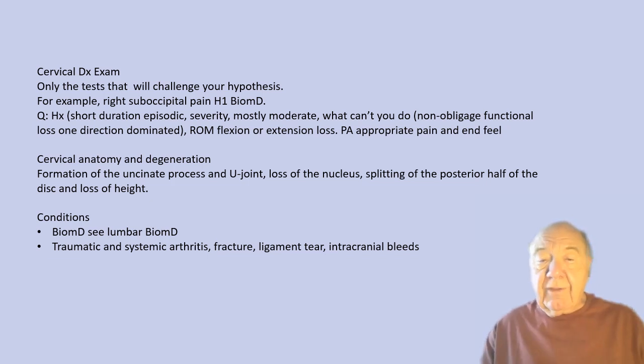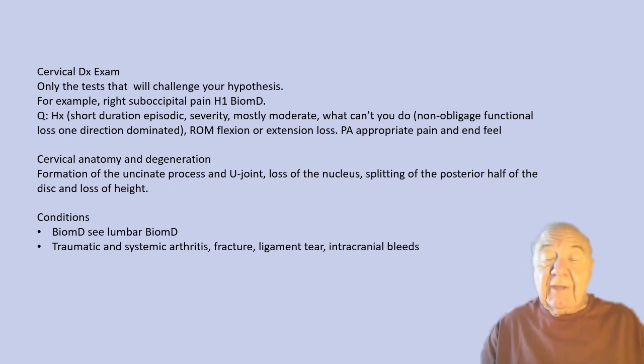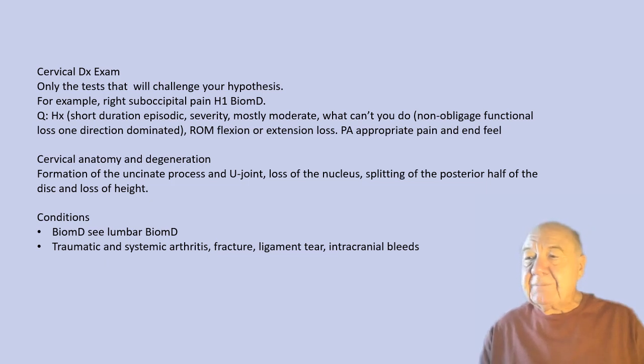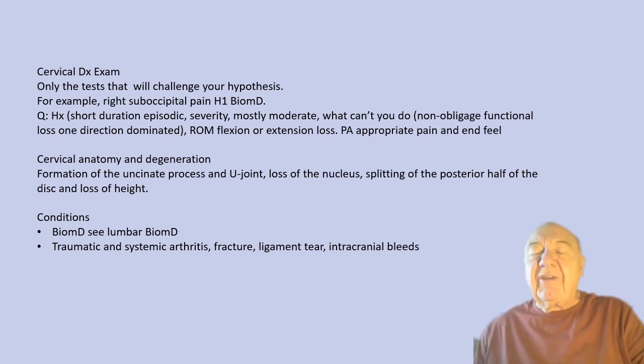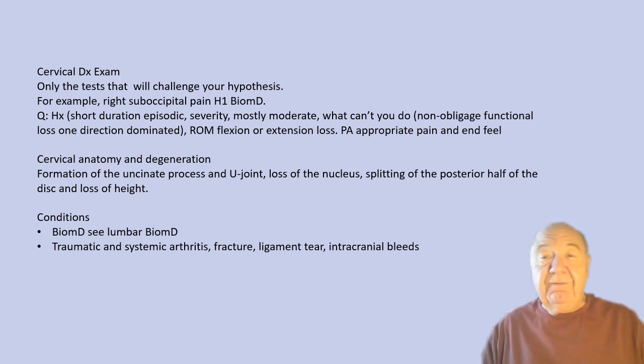Traumatic and systemic arthritis, fractures, ligament tears, intracranial bleeds. Disc herniations, which are really not disc herniations, but externalization of that discal material. Not common, and certainly rare above C5 or 4. So those were the conditions I think we looked at.